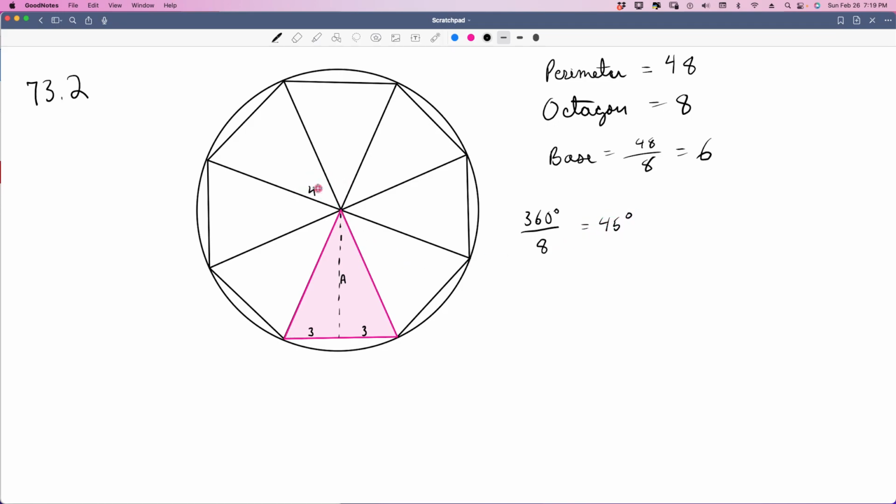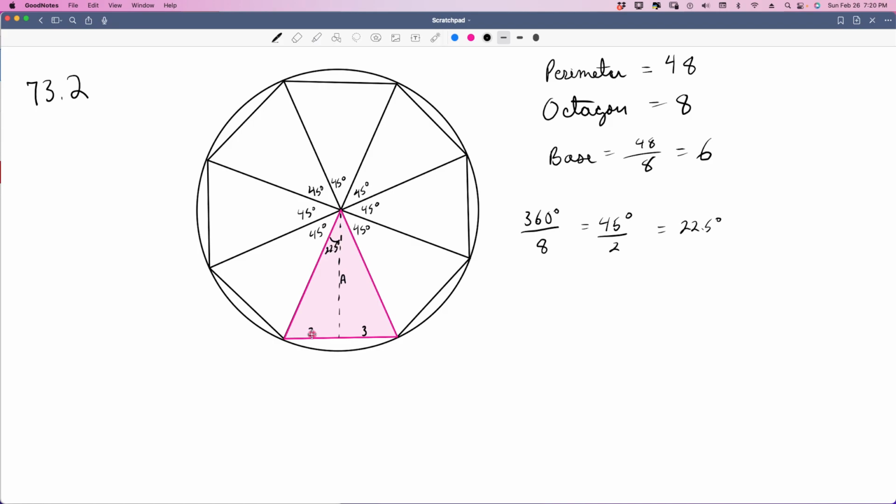So each one of these is 45 degrees. So that means this one is 45 degrees as well, but we only want half of it. So we're going to divide that by 2, and that's going to be 22.5 degrees. All right, so that's our degree of measure here, 22.5 degrees. So we have 22.5, and we have an opposite length here of 3.